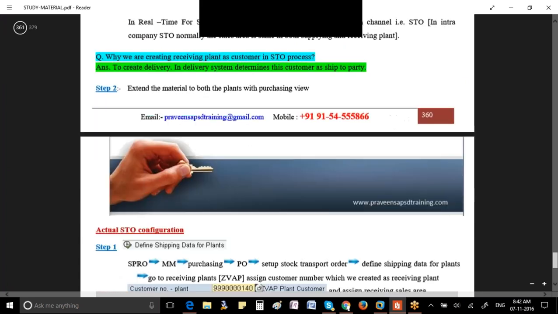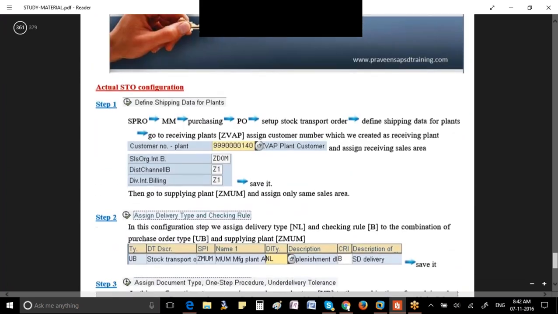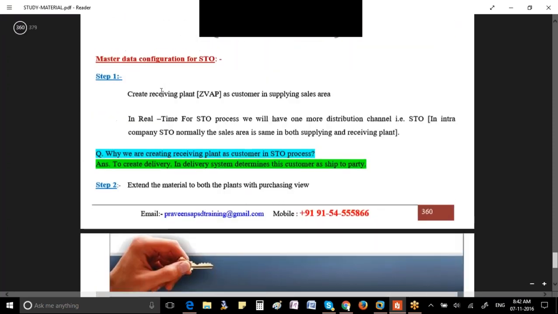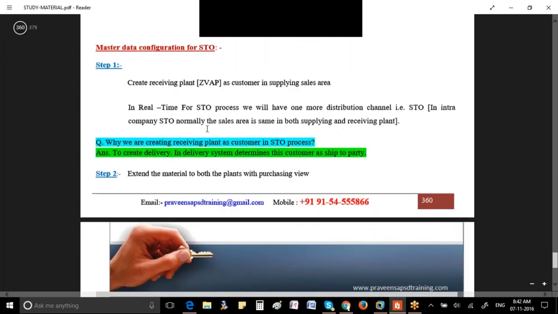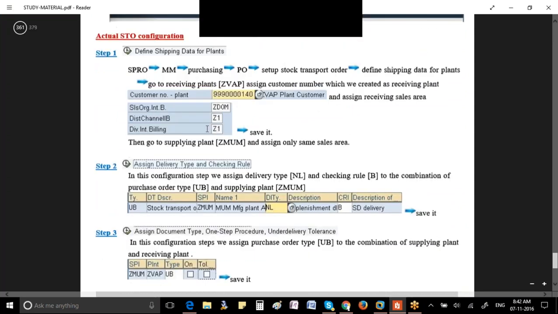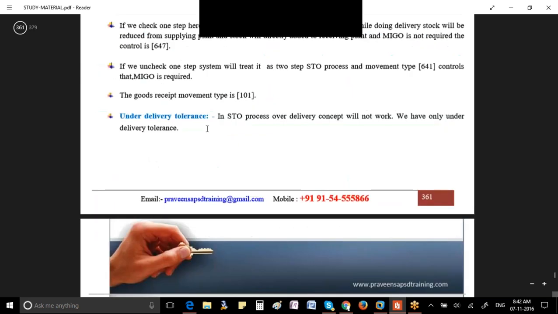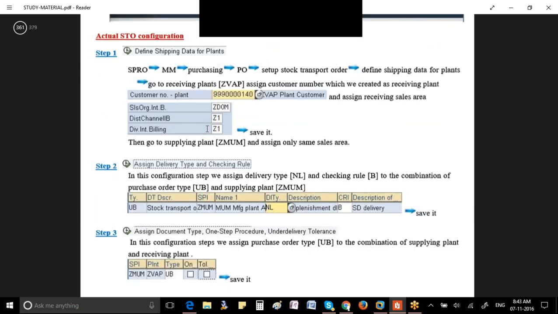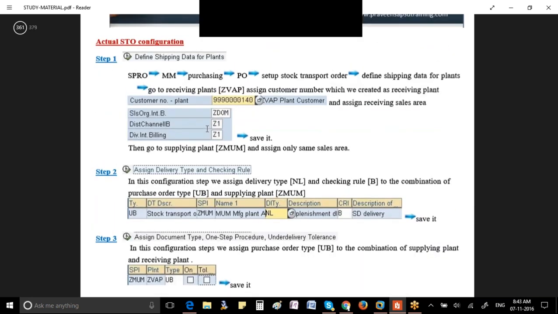The material should be extended. Once you have created the sales area and these master data configurations, the actual STO starts here. I have given the complete menu path in this document, screen by screen, value by value. You need not open the system; just by going through this you can read and understand.